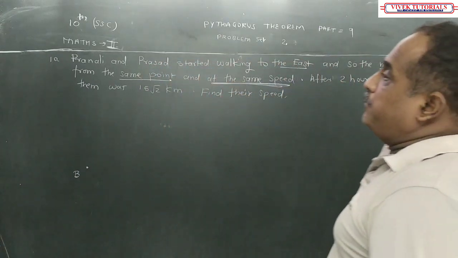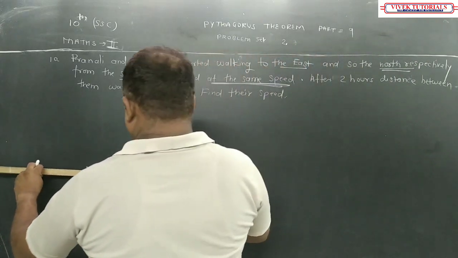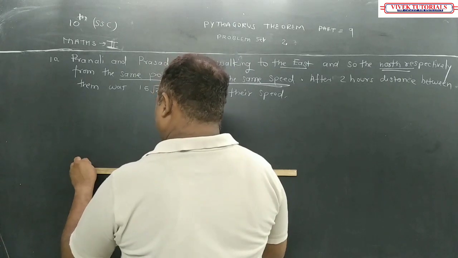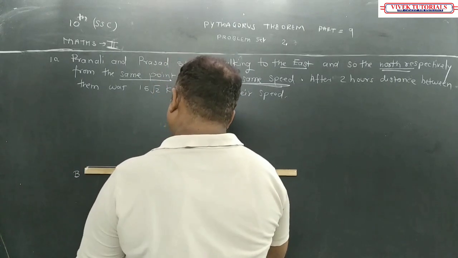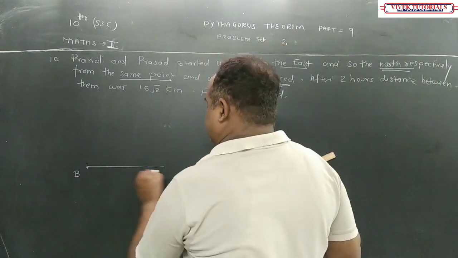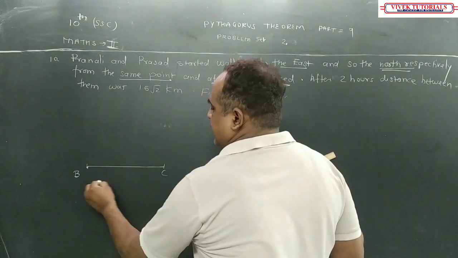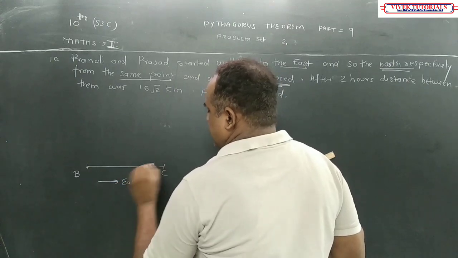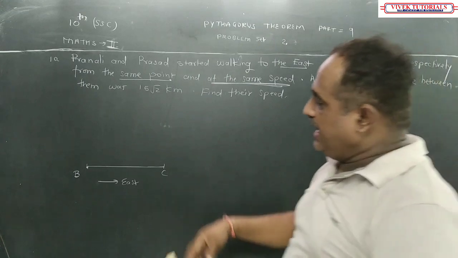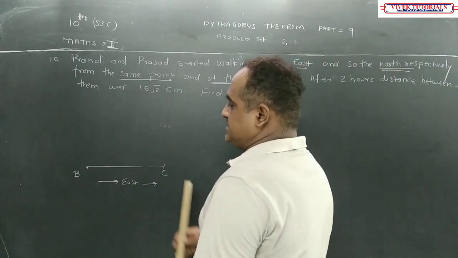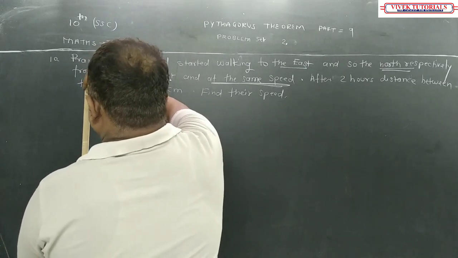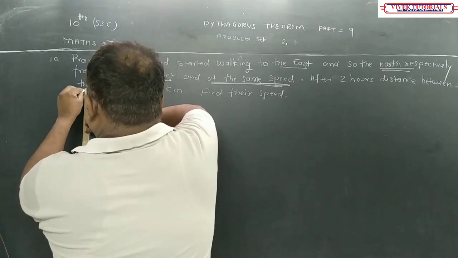Pranali is walking towards the east, so I will take up to here. So she has traveled towards the east. If you see the graphical method, on a map, this is toward the east and north is above, right? So this is the east.